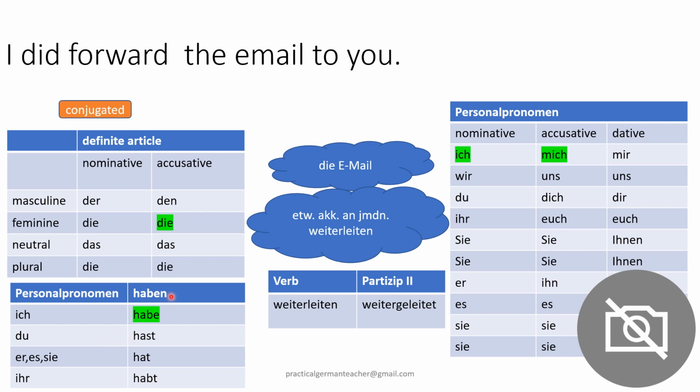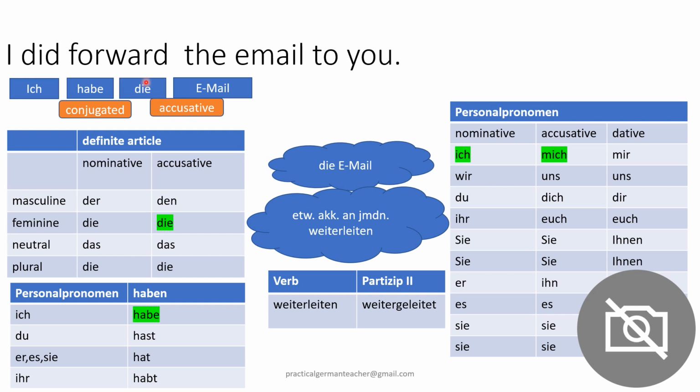Let's try to write the sentence. At the second position, because this is a sentence and not a question, the verb will come at the second position. You have to conjugate it with respect to the subject, which is ich. But here you have the helping verb, so ich habe. Then the object email, it will be accusative, meaning the article should be in accusative case.